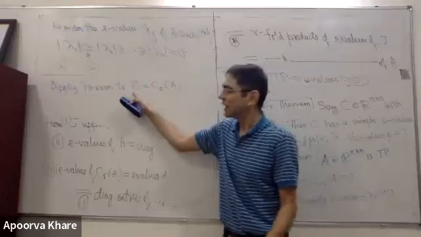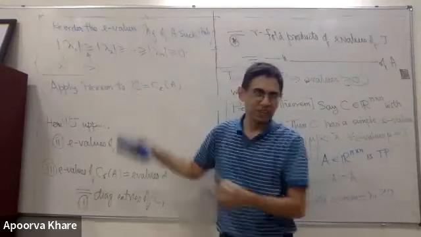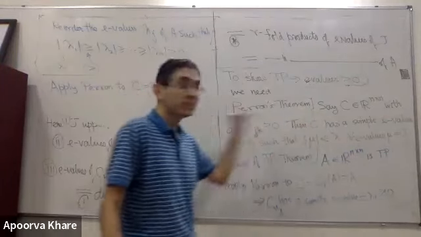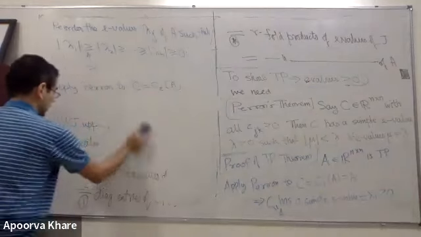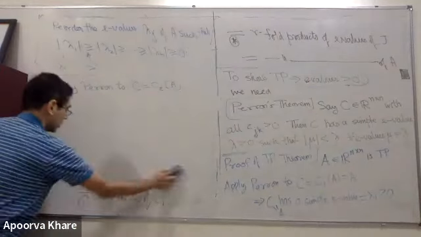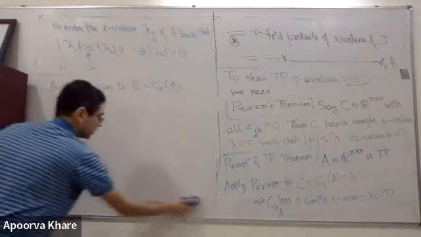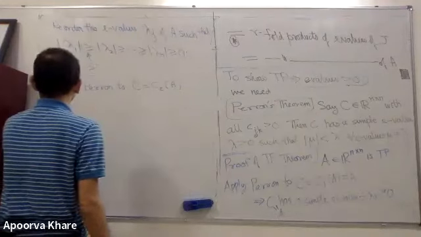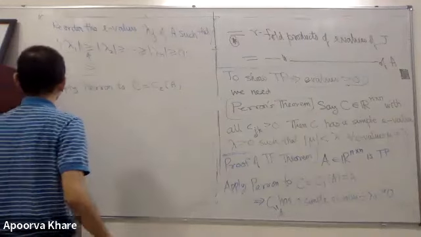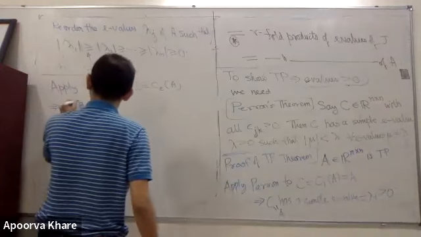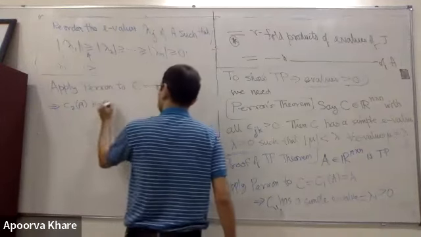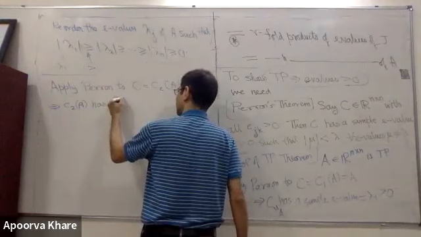Therefore, all entries of this matrix are positive. So again, by Perron's theorem, this matrix has a positive simple eigenvalue. That implies C_2 of A has a positive simple eigenvalue.